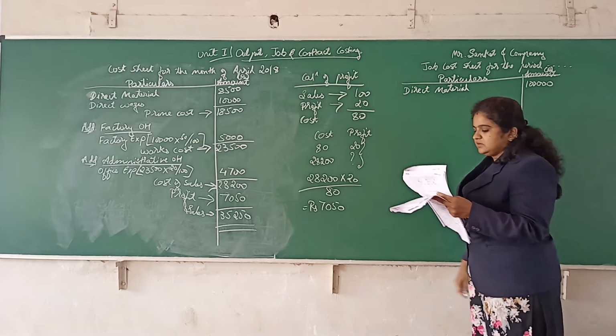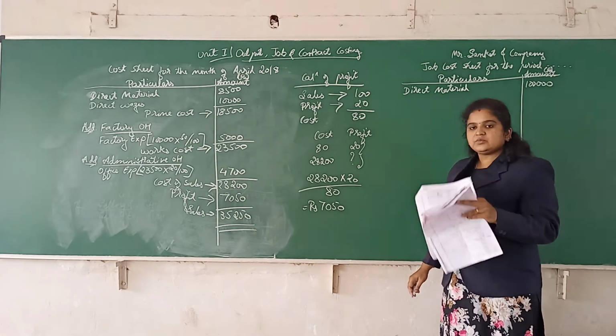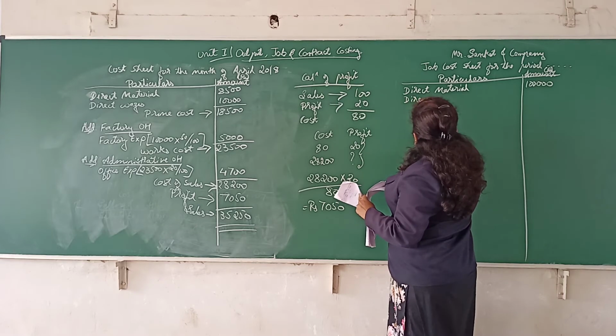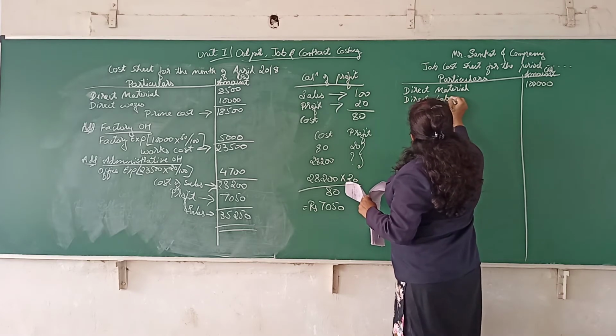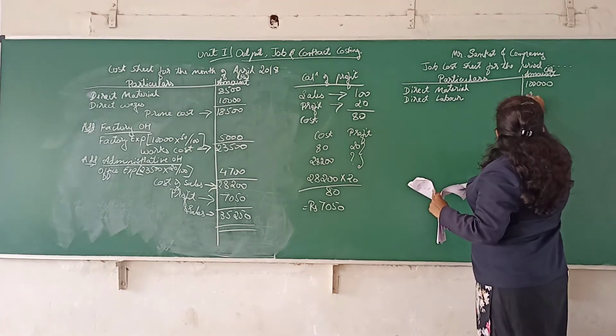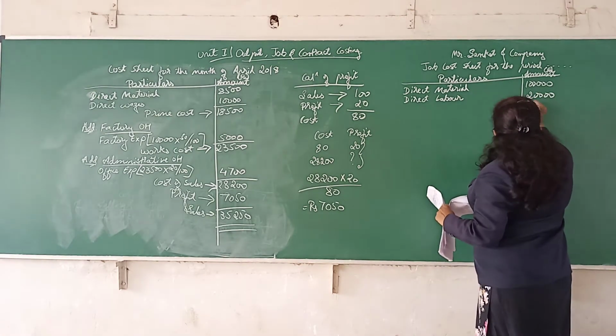In the same point they have given that the direct labor cost is likely to be rupees 20,000. Direct labor amount is 20,000. Okay, now make total of this.